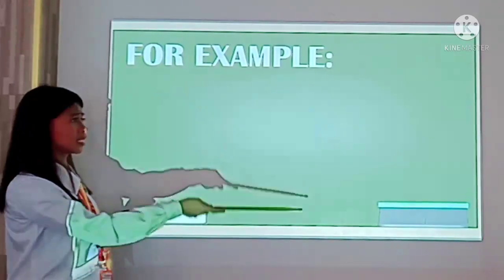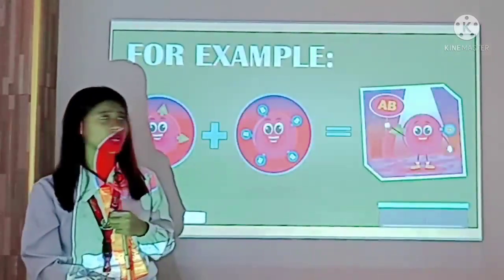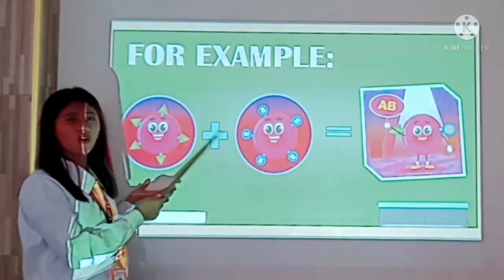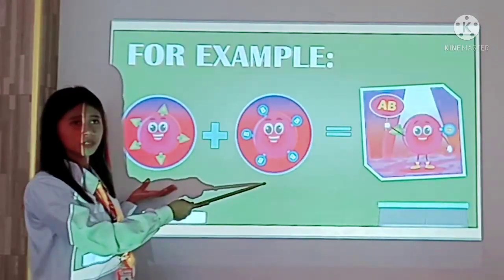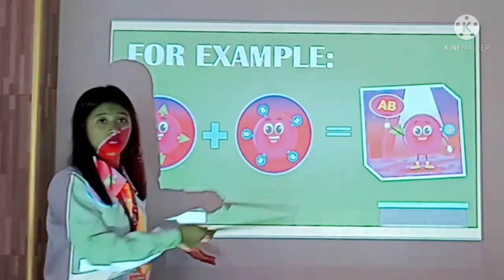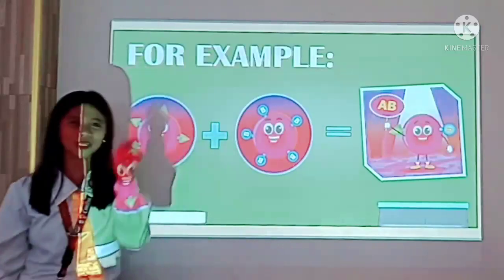So in the first example, syempre, kung mapapansin nyo, kasi dito in this case, parehong merong antigen A and antigen B yung blood ng isang tao. So that's why his or her blood type will be AB.